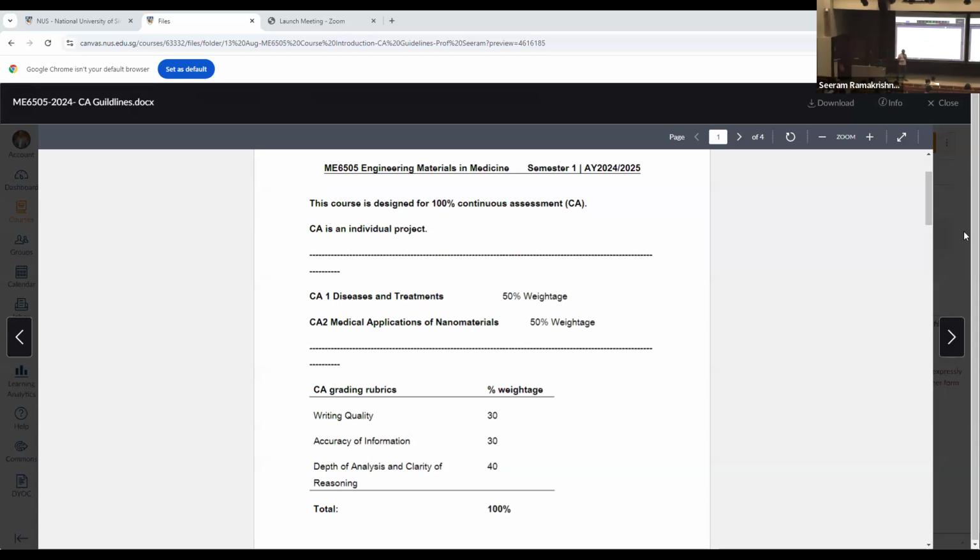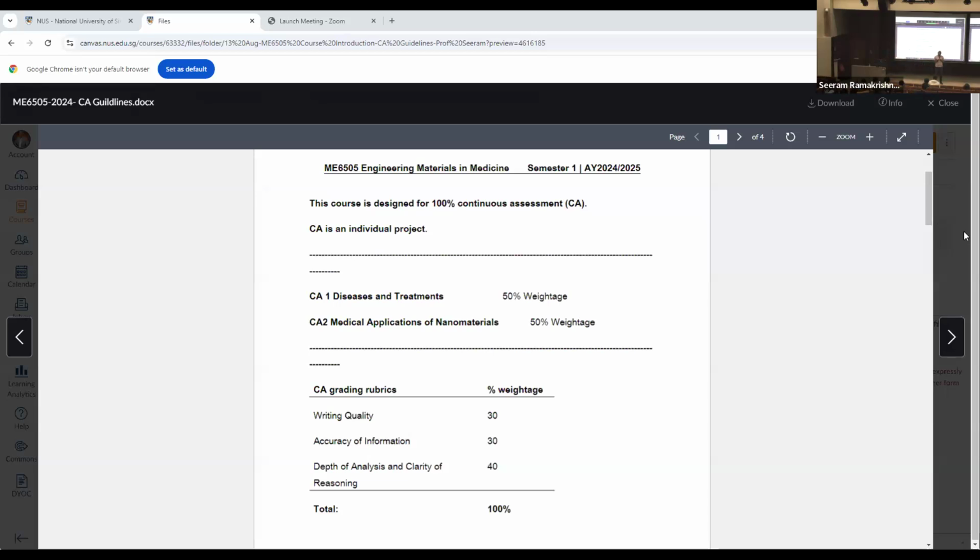Okay, guys, let's go through the CA guidelines. Over the last 3 weeks, we have made some changes to the CA. When we started it was supposed to be 1 report of 10,000 words, but we changed it to 2.